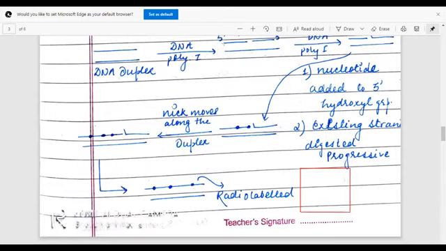After the addition of this we can get various bands, like, for example, on this X-ray film there are various bands. It is going to be hybridized.